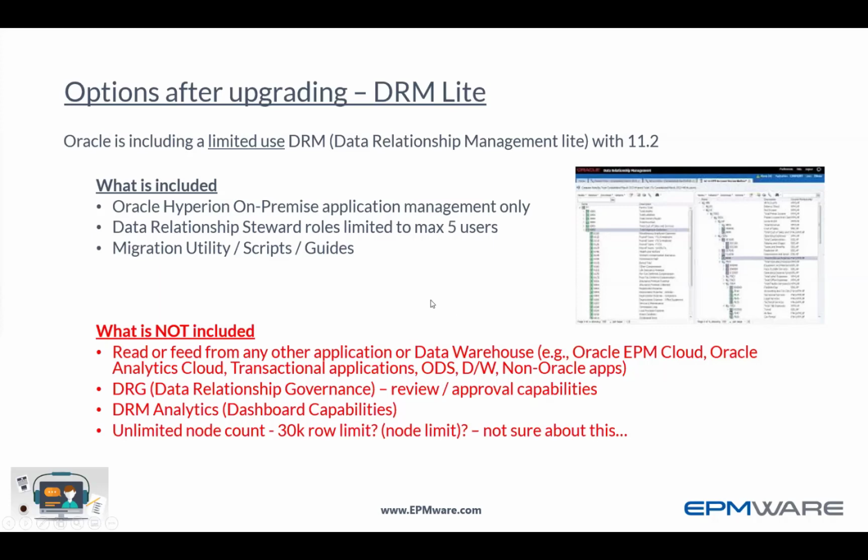So if you have any type of interface tables feeding EPMA, which I've seen quite a bit, that is not going to be an option going forward. Of course, what we also do not get are the governance capabilities from DRG. So there's no review and approve capabilities there. In addition to that, no DRM analytics, and we've even heard that there may be a limit on the number of nodes.